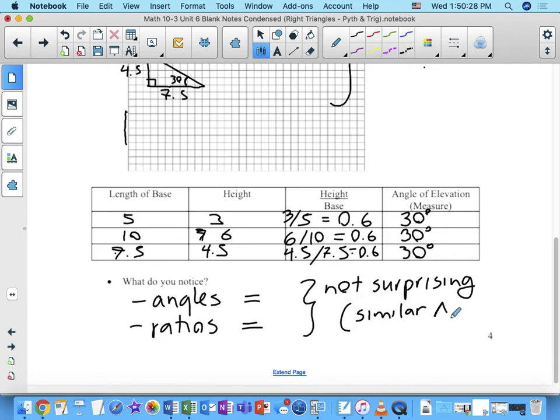And similar triangles, similar figures anyway, angles are all the same, but they're scaled down or scaled up. So the sides are going to be proportional. So if we look at ratios of base to height in all three of them, we're going to get an equal proportion. Okay? All right. So that's the first thing I want to look at.